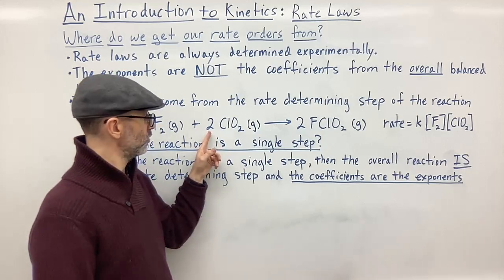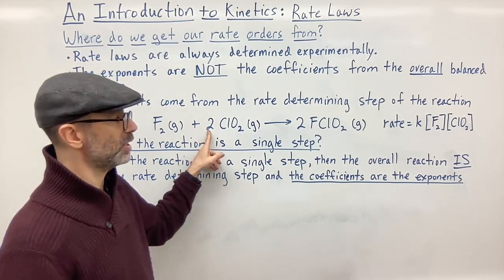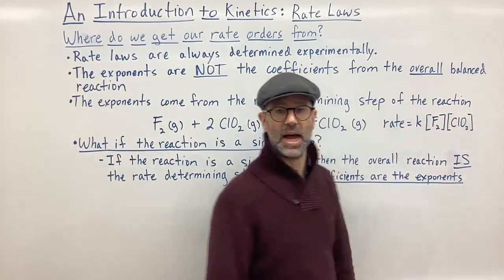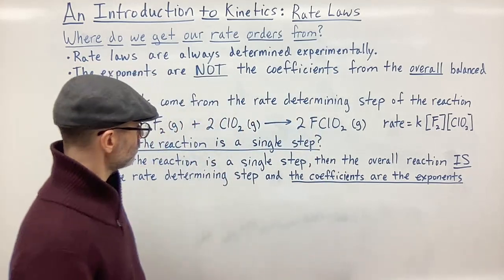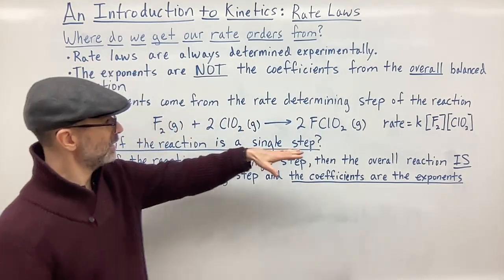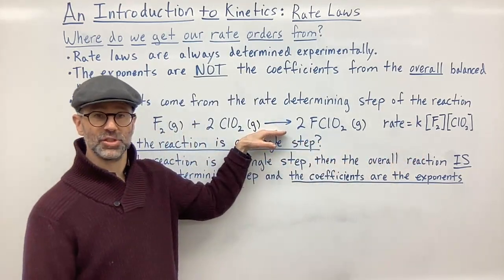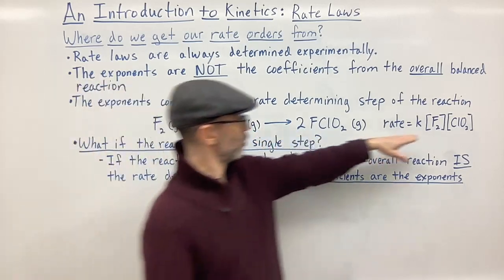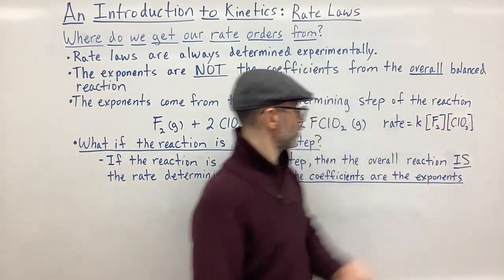So this is an example of how the coefficients aren't necessarily going to be the orders or the exponents in your rate law expression. This indicates that there must be multiple steps to this reaction, and whatever the rate determining step is, that's going to determine these values for the exponents, the orders.